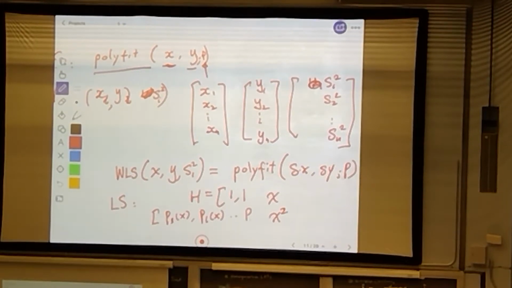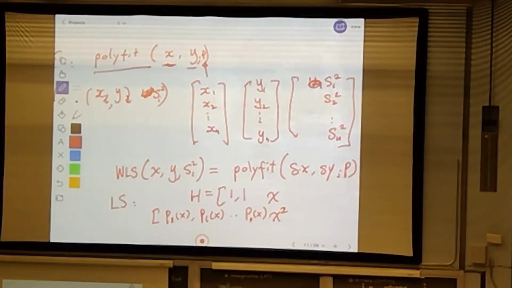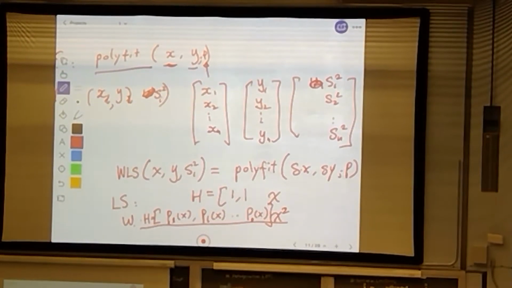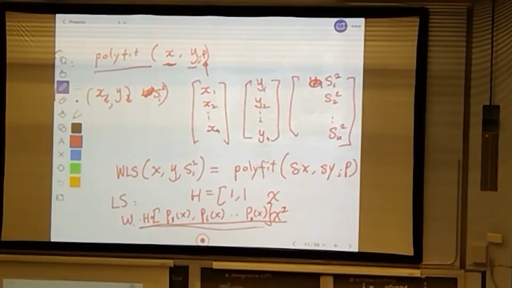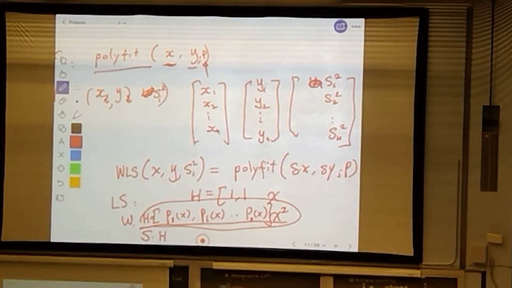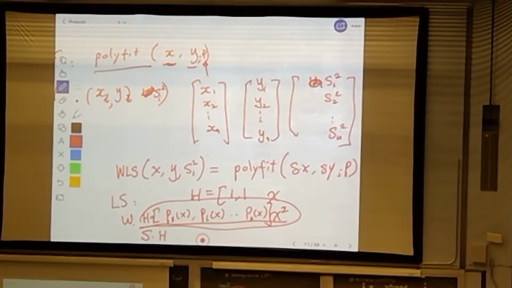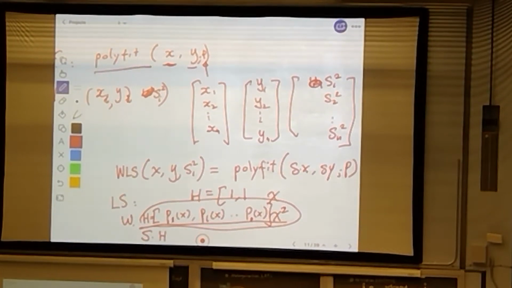Sorry, P is not good, but P is order x, right? And this you are solving for the W. So if this is my feature H, what this weighted least square says, instead of solving this problem, I should just scale S of H. I should scale the nonlinear transformed version, not within the variable itself.